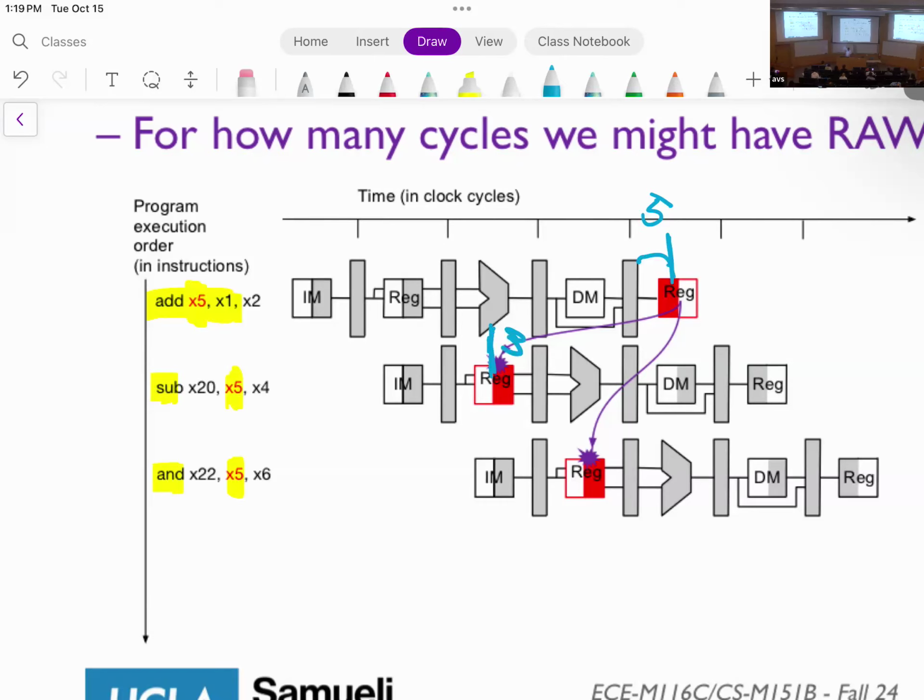And the AND starts at the 3rd cycle, and then the read happens in the 4th cycle, so essentially the read happens in the second half of the 4th cycle. So it's still too soon, right? So both of them are RAW data hazards. So at least 2 cycles, okay?